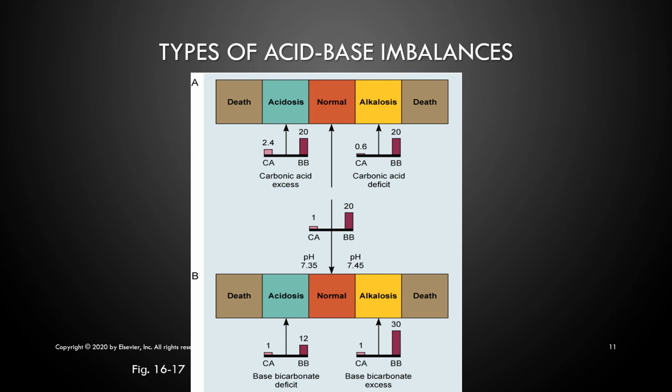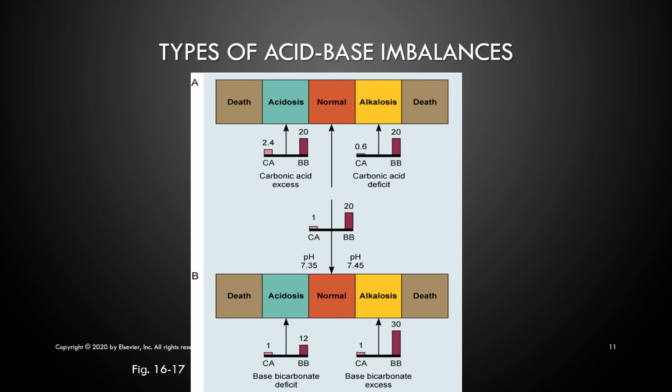When our body is trying to blow off too much CO2, we become alkalotic, or we go into respiratory alkalosis. And this is because we don't have enough carbonic acid. We don't have that 1 in proportion to the 20 that we have of our bicarbonate.